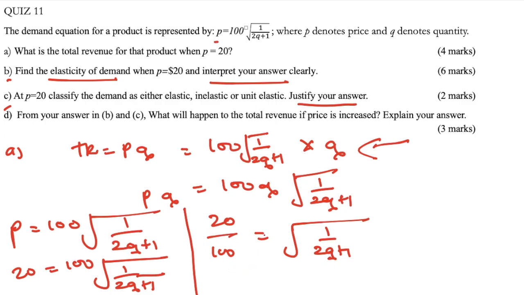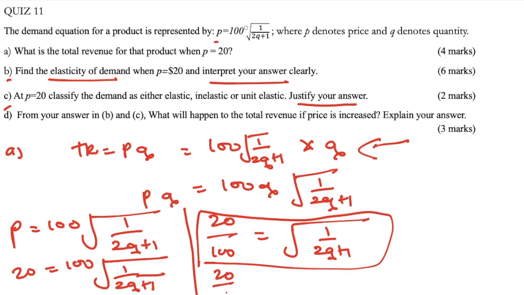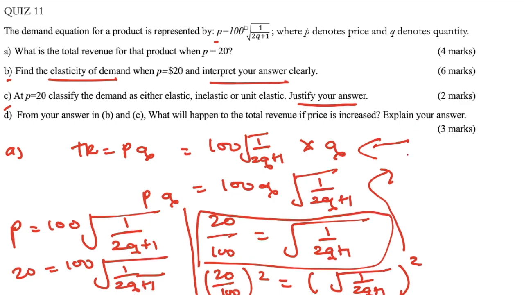You square both sides of this expression. Okay, so it becomes 20 over 100 squared, and this one becomes square root of 1 over 2Q plus 1, squared. Okay, actually this can also be written as this.